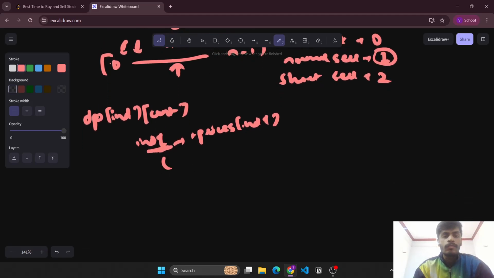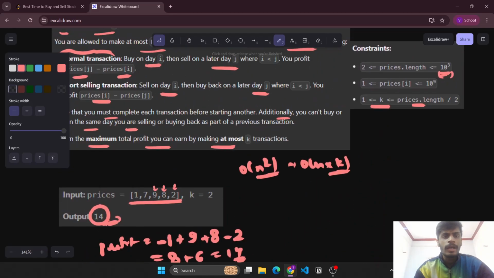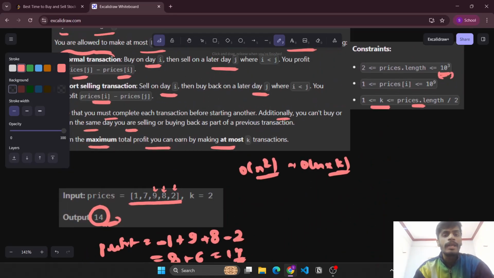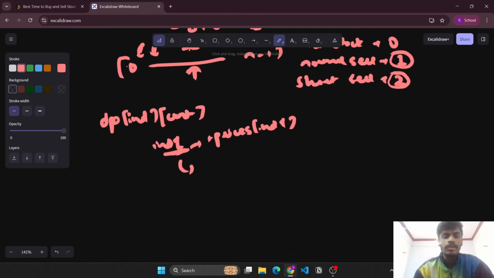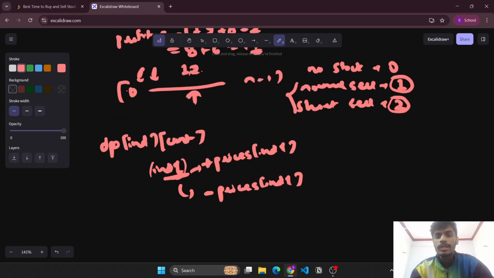But in a short sell, if this value is 2, that means the stock we have at hand will be bought at a later date. So instead of plus, in this case it will be minus prices of index 1, because we will be buying that particular stock on this index 1 day. That's why segregating these two values is important here.